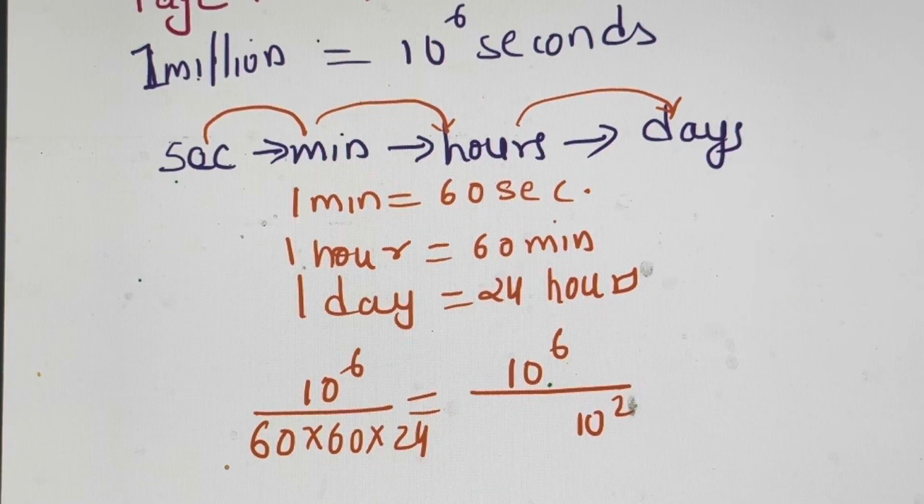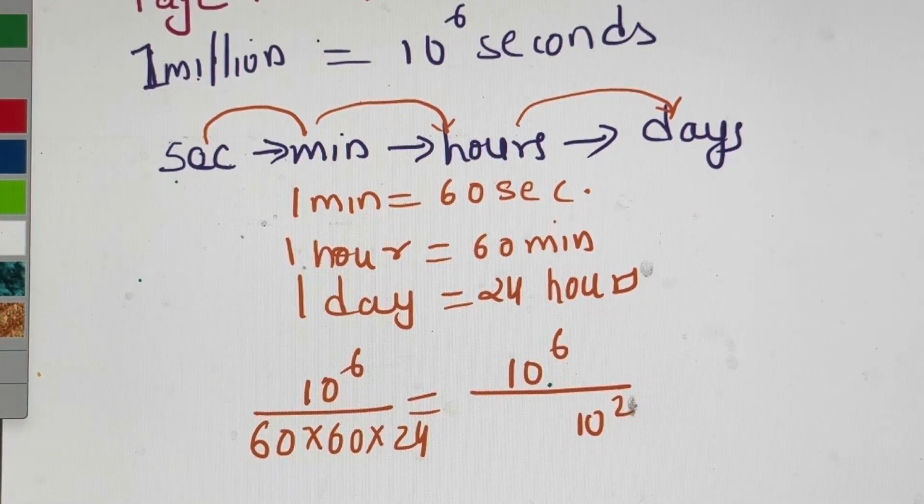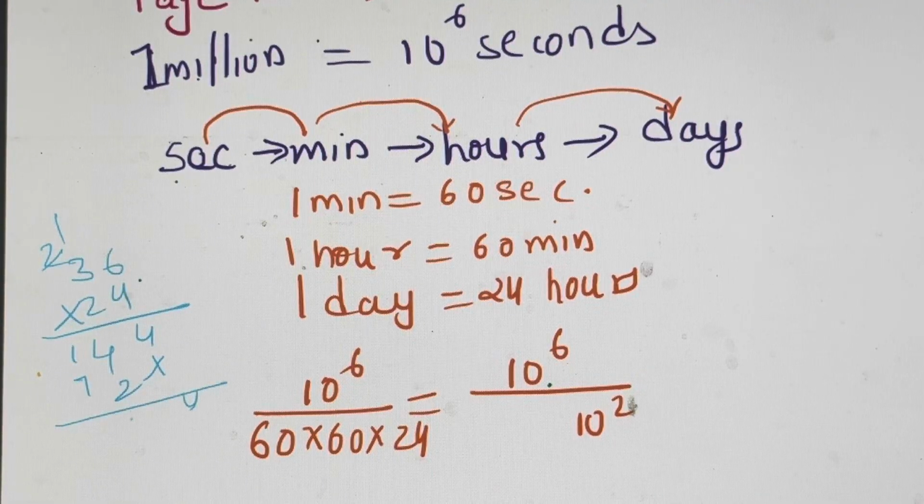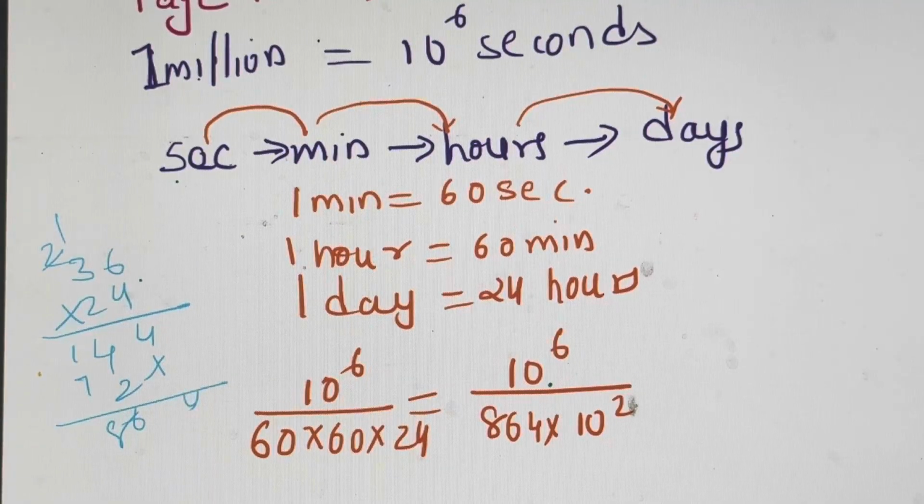So we multiply 36 by 24. 6 4s are 24, 2 carried, 4 3s are 12 plus 2 is 14, 2 6s are 12, 2 1 carried, 2 3s are 6 plus 1 is 7. So we get 864 into 10 raised to 2.